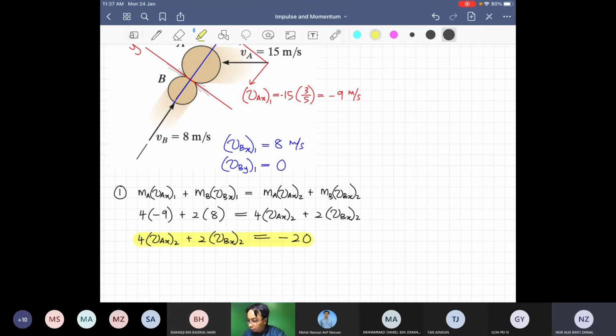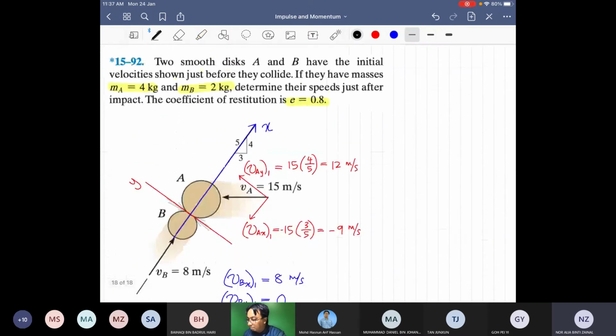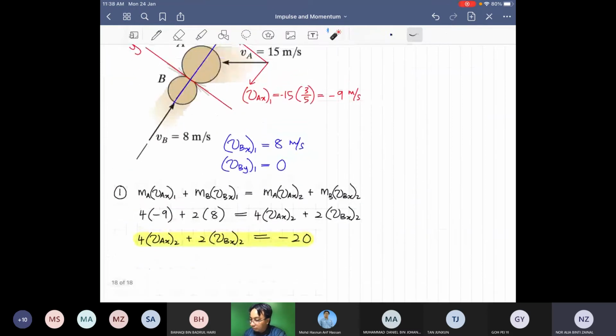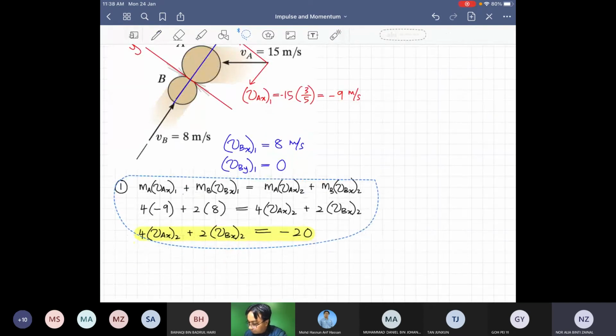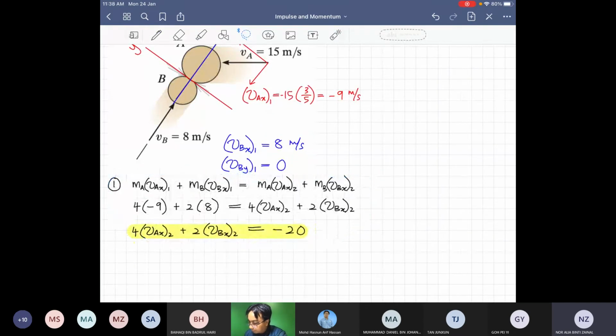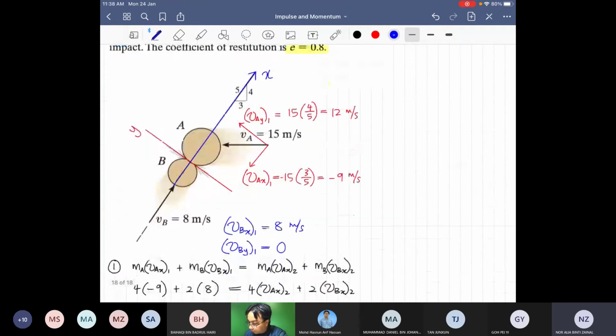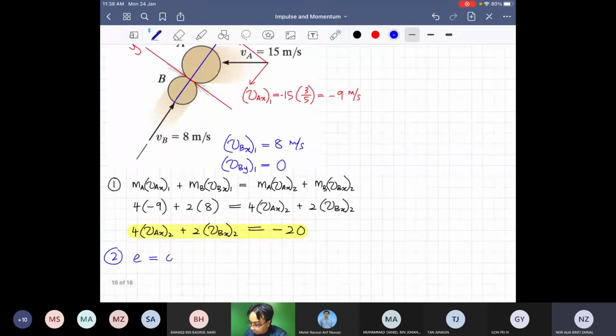Now we have to use the coefficient of restitution. It is given here, E equals 0.8. So that will be the second step. The second step is to use the coefficient of restitution, E is 0.8, equals VBX2 minus VAX2.